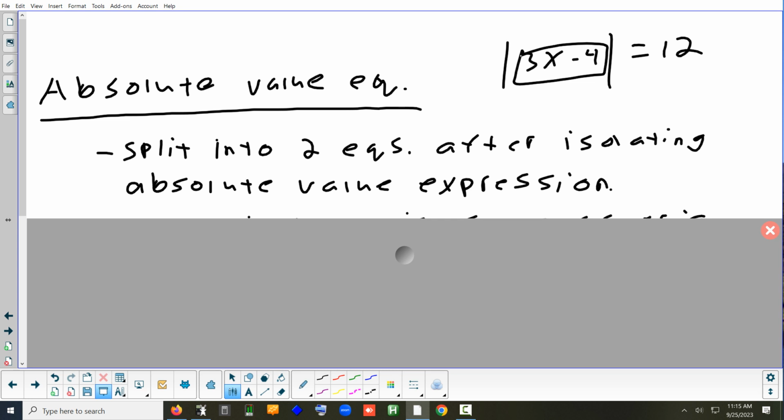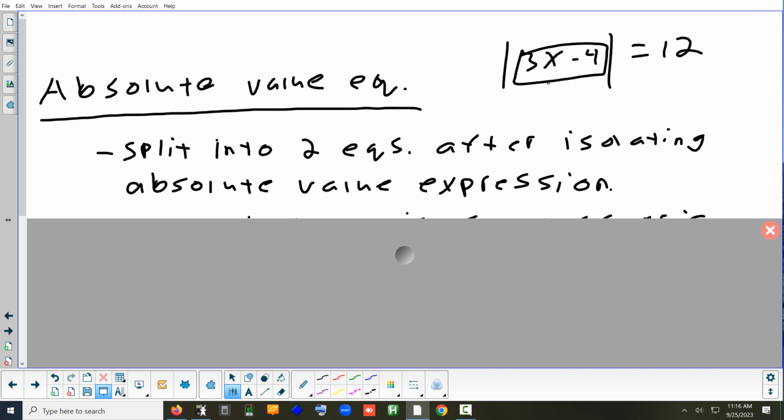What's one number that 3x minus 4 could equal? Not the x, just the 3x minus 4. If that comes out to 12, we're going to be all set. Or if 3x minus 4 comes out to negative 12. And those are the two equations right there.